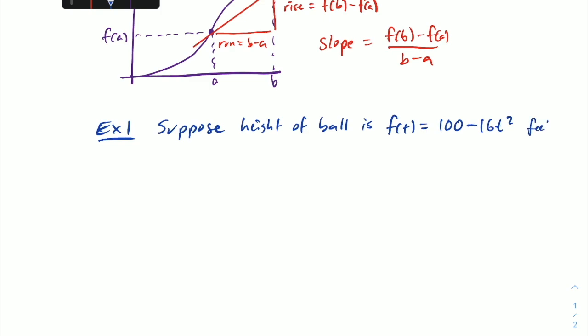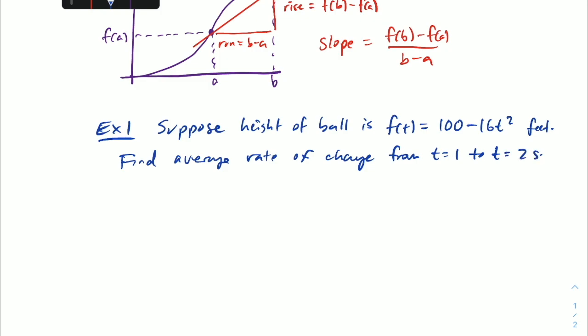The outputs are in feet. And we want to find the average rate of change from t equals 1 second, the t is measured in seconds, to t equals 2 seconds.